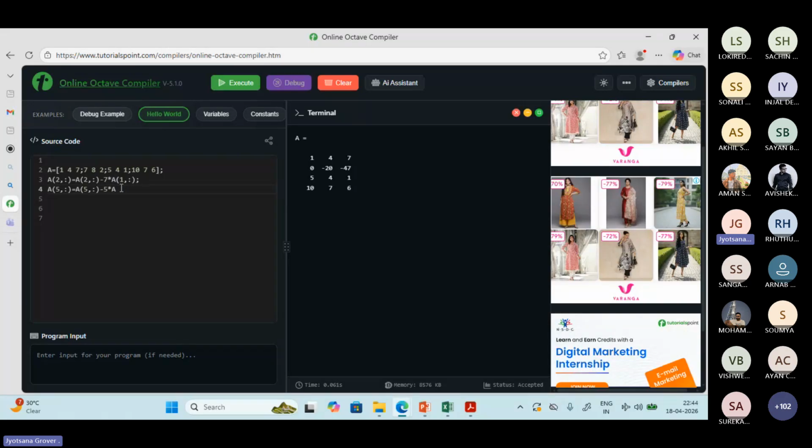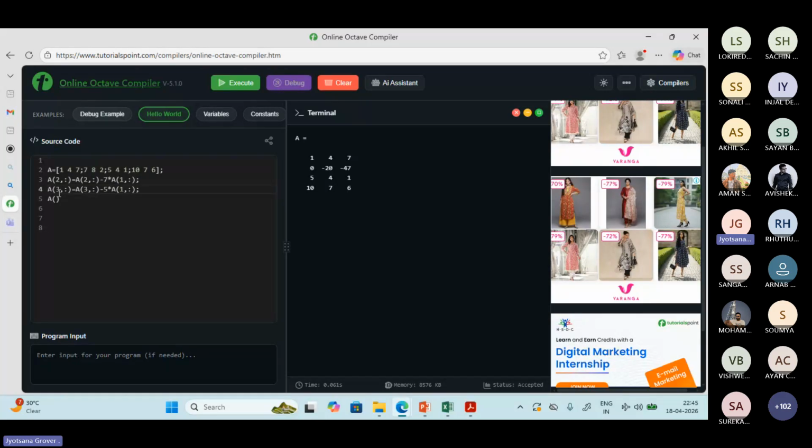See, this is row 1. Here also I'll use row 1. Then this also I have to make 0, 10. So what operation will I apply? Sorry, what have I written? A3.